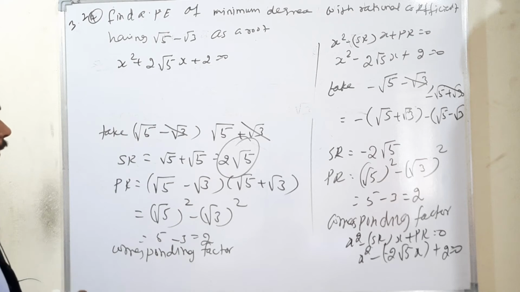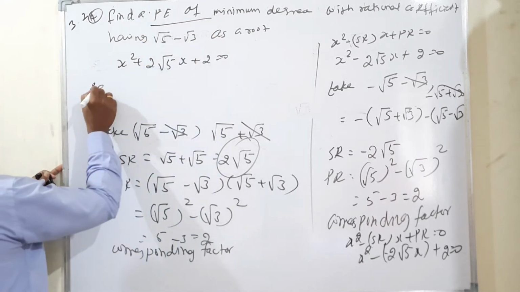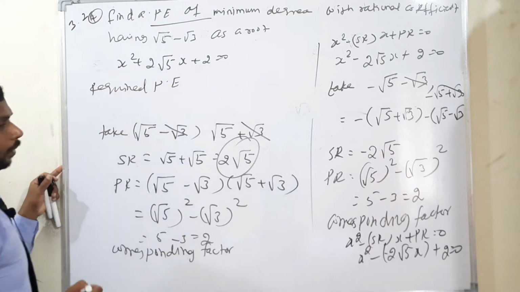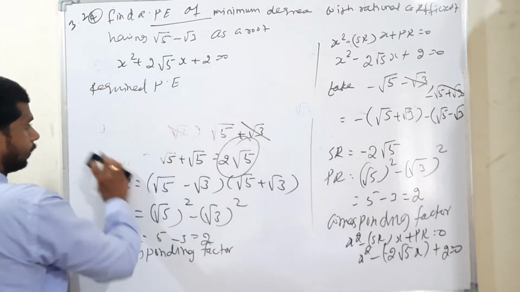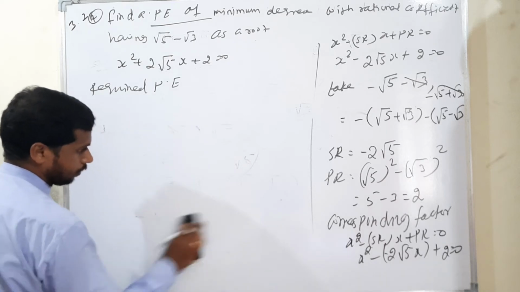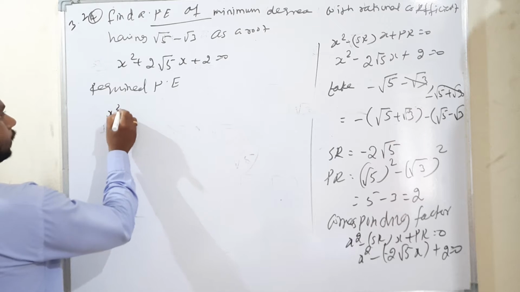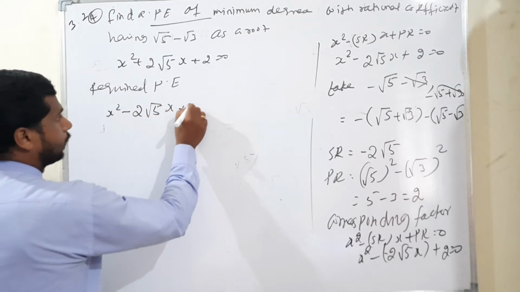Now we can write the required polynomial equation. We need the actual required polynomial equation, isn't it? The first equation is x square minus 2 root 5x plus 2.